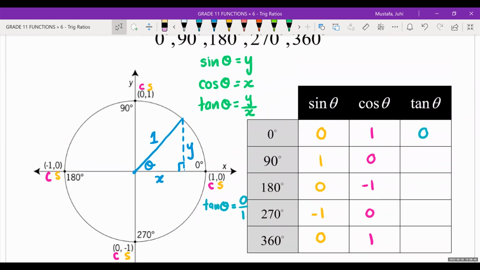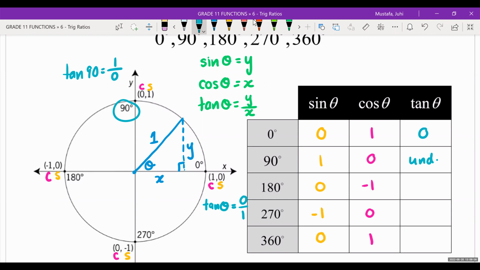How about tan of 90 degrees? Remember, tan of 90 is going to be y over x. So it's going to be 1 over 0. What is 1 over 0 going to give us? It's undefined, yes. So this answer is actually going to be undefined.